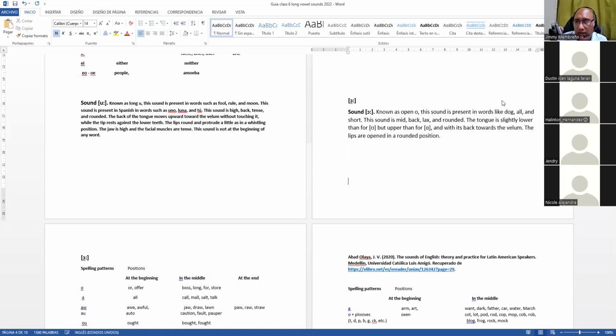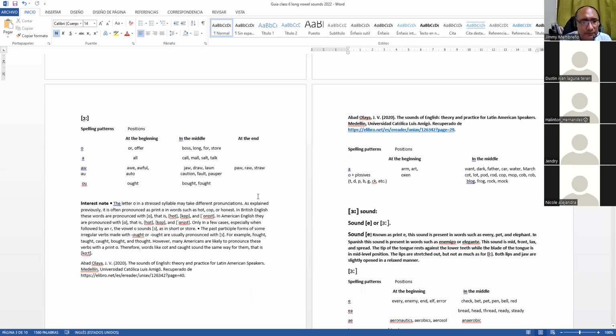Like for example, spelling patterns. We have the letter O again. Remember that the letter O can be pronounced like a long U sound, but never at the beginning of a word. In this case, we have the letter O at the beginning of a word, for example, or, offer.